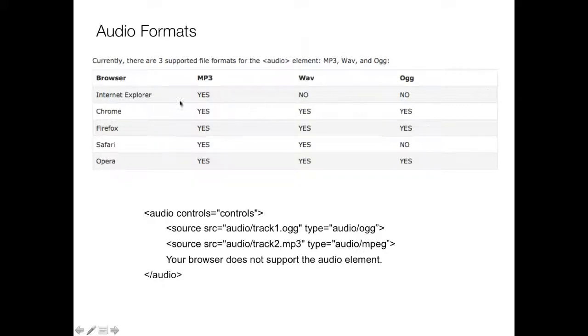And this is a small table that shows us on which browsers each format works. So MP3 works on all browsers, but the WAV and the OGG have issues with some of the browsers. This is the syntax we use to insert audio. So audio controls. The controls are basically the play, stop, rewind buttons, and so on. And we can go ahead and provide 2 formats such as the OGG and the MPEG or the MP3.